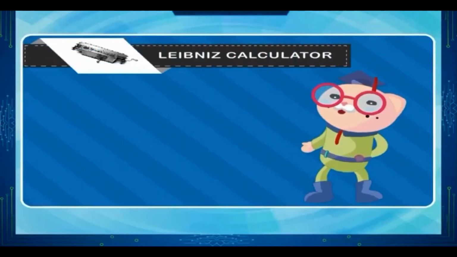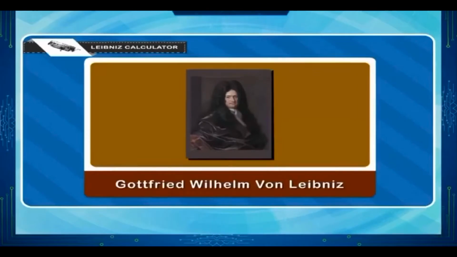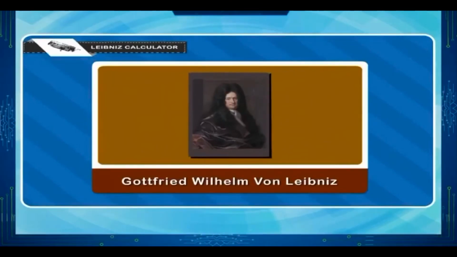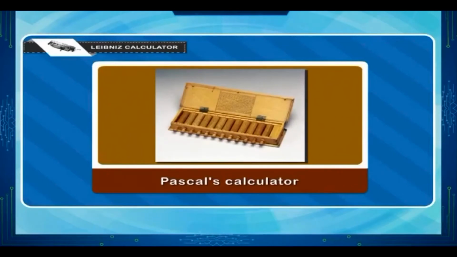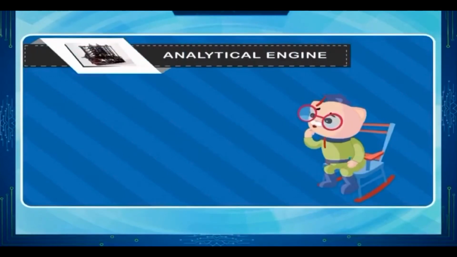Leibniz Calculator. In the year 1671, a German mathematician, Gottfried Wilhelm von Leibniz, modified the Pascal calculator and developed a machine which could perform various calculations based on multiplication and division as well. Analytical Engine.